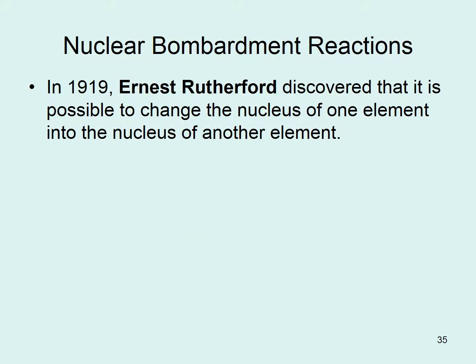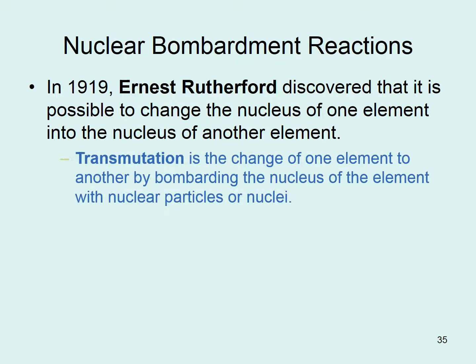Although radioactivity changes one element to another element, and that's a natural process, in 1919 Ernest Rutherford discovered that you can change one nucleus to another. They didn't really understand it until then. Transmutation is the change of one element to another by intentionally bombarding it with a nuclear particle, either a nucleus, a neutron, or an alpha particle, something like that.